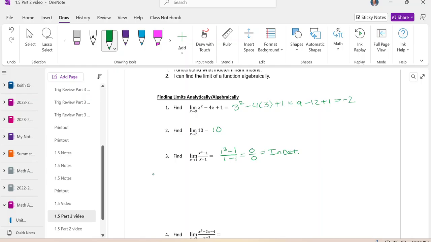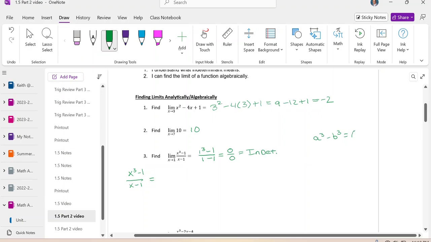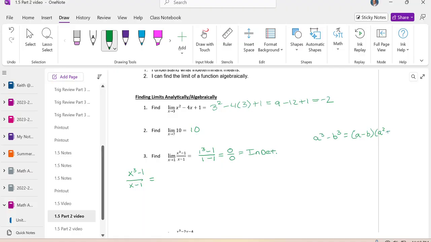So what we can do is we can take the function x to the third minus 1 over x minus 1 and simplify it. Because x to the third minus 1, remember when you have the difference of two cubes, when you factor it, that becomes a minus b times a squared plus ab plus b squared.